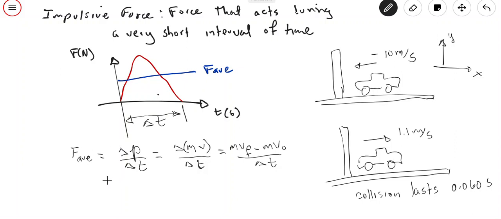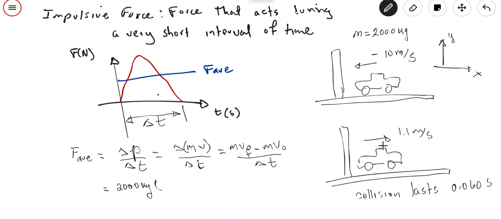So let us say that we want to find the impulsive force that was acting here during the collision. Let us say that this car has a mass of 2,000 kilograms. So we have 2,000 kilograms times the final velocity.